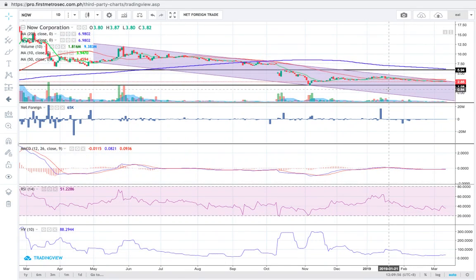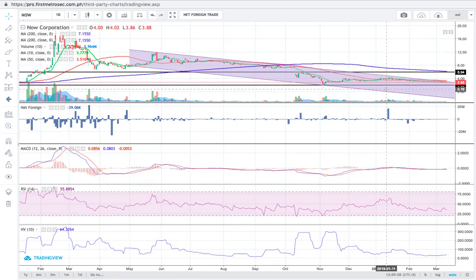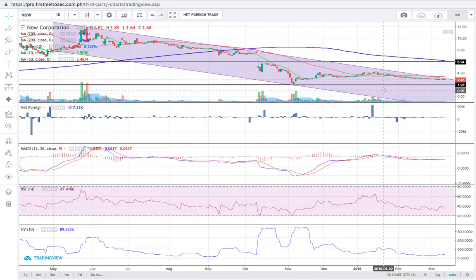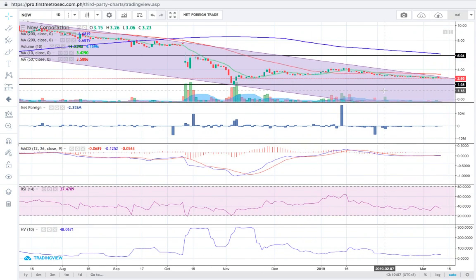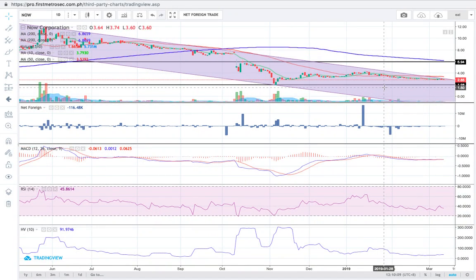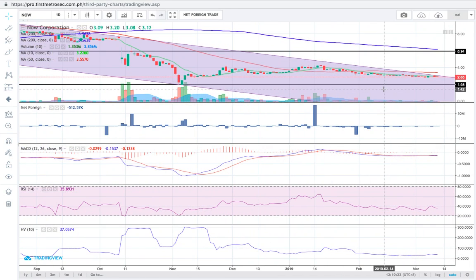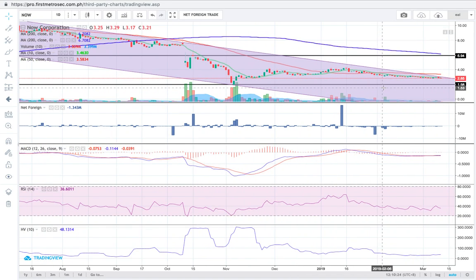But if we're going to zoom out the chart and take a look at it on a long-term scale, it's obvious that it's still traversing the downtrend channel. As far as the alignment of the moving averages is concerned, I'm using 10 SMA, 50 SMA, and 200-day SMA. We can see here that the longer term SMAs are the ones above the shorter term ones.